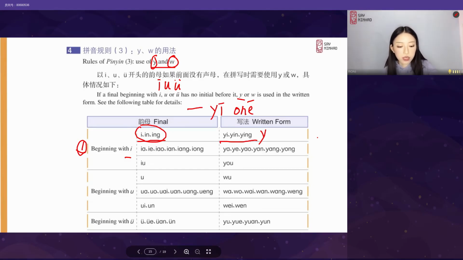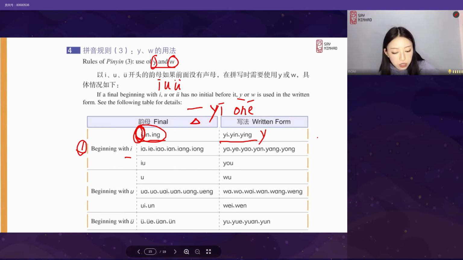Actually, the pronunciation of yī is only made by the final i. We don't need any initial. We can just pronounce it without any initial, right? We just use the final i, then we can pronounce it. But when we're writing, we need to write an initial for it. Okay, so this is the first situation.